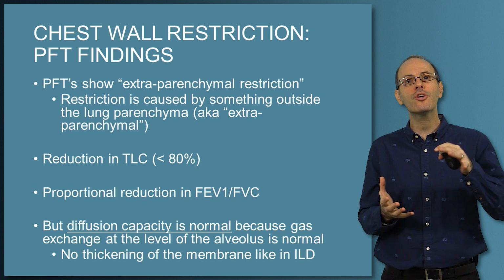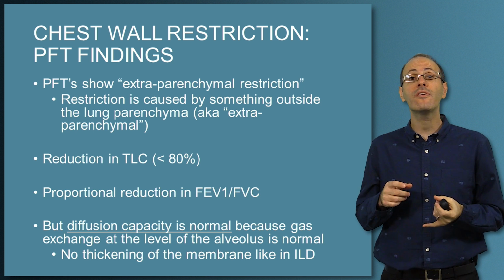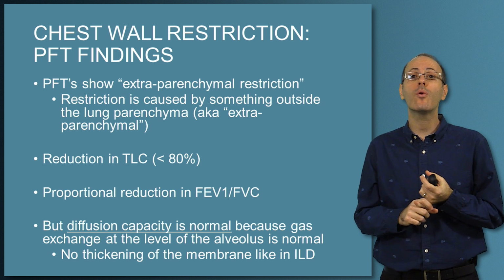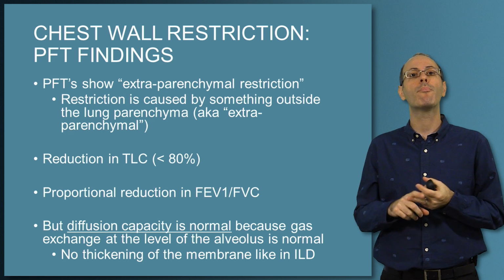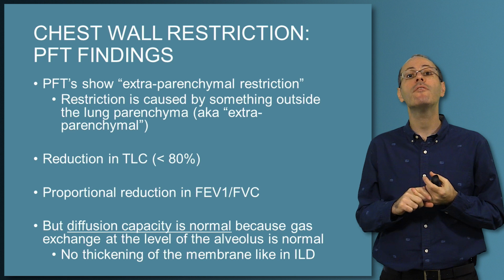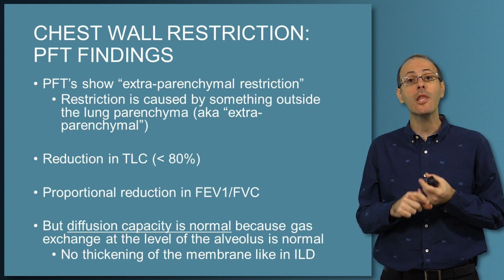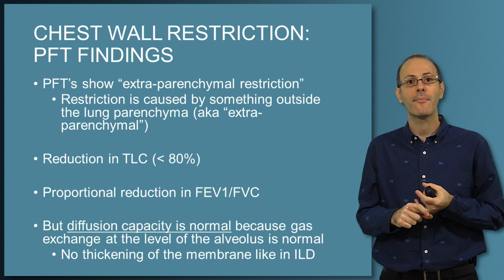Again, that means that the restriction is caused by something outside of the lung parenchyma. You'll still see low lung volumes, so the total lung capacity will be reduced. You'll still see a proportional reduction in FEV1 and FVC. So both FEV1 and FVC will be low, but the ratio will still be greater than 70%.